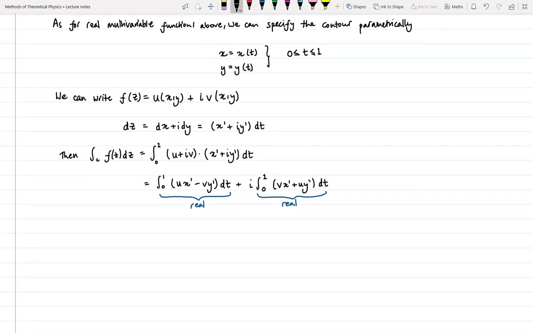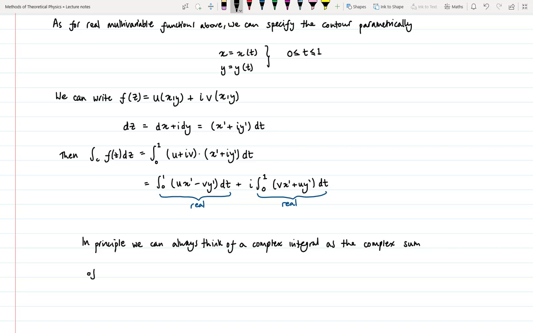This means we can say something pretty neat. In principle, we can always think of a complex integral as the complex sum of two real integrals.